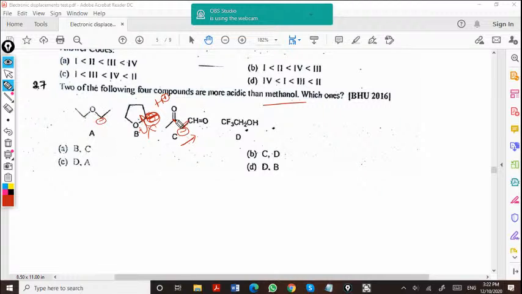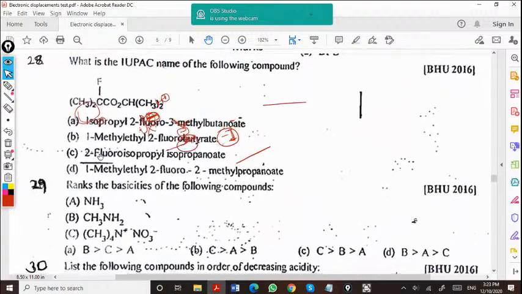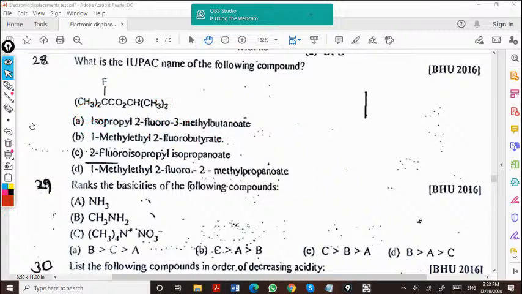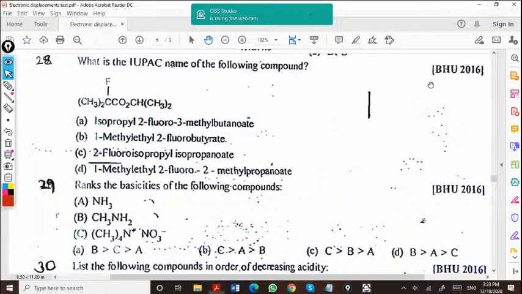But apart from this, this one is mesomerically stabilized, and this one is inductively stabilized, which is strong. Compared to the ether group, the trifluoromethyl group is the strongest withdrawing group, compared to oxygen. So C and D are the more acidic compounds compared to methanol. Next, this was asked in BHU in 2016.